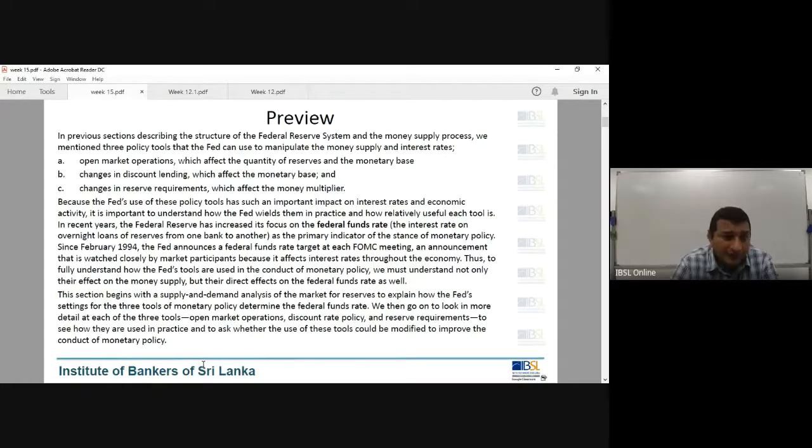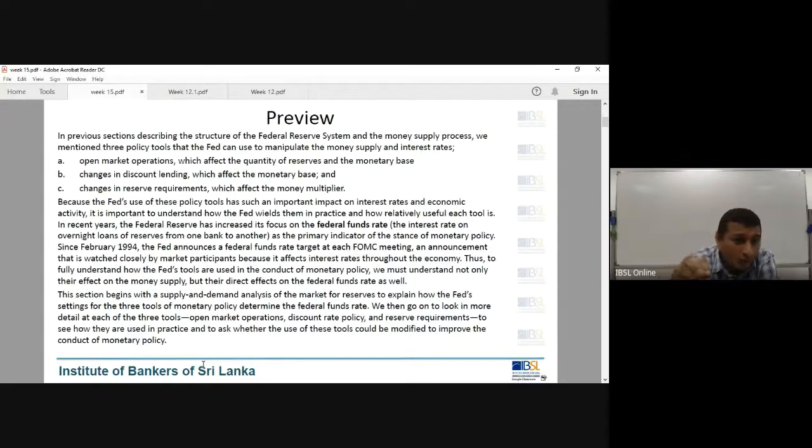In recent years, the central banks, particularly the Federal Reserve, have increased their focus on the interest rate, as I have touched upon briefly: the federal funds rate, that is, the interest rate on overnight loans of reserves from one bank to another. The federal funds rate is the overnight lending rate of one bank to another in the US.